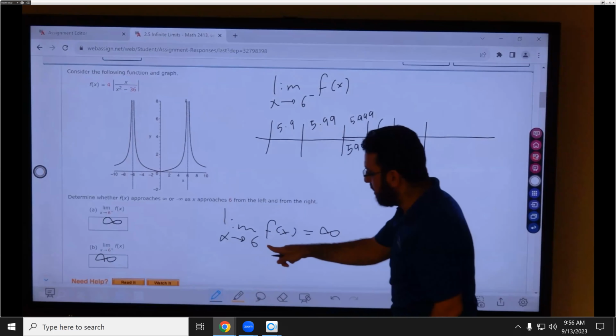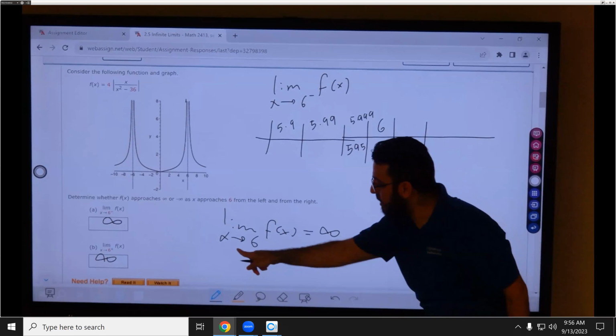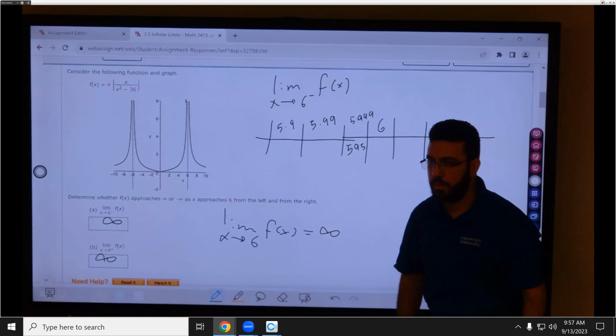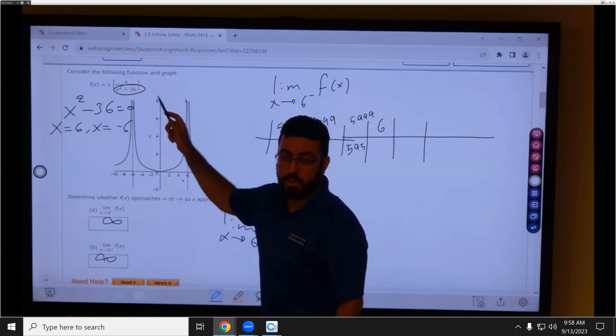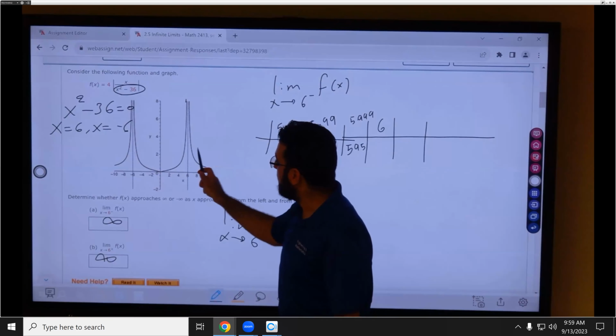That means the limit as x approaches 6 from the left and from the right goes to infinity, okay? So that's a good point. How to graph it? There's an asymptote. This is only when you have a rational function. You get an asymptote, and then pick numbers on each side.